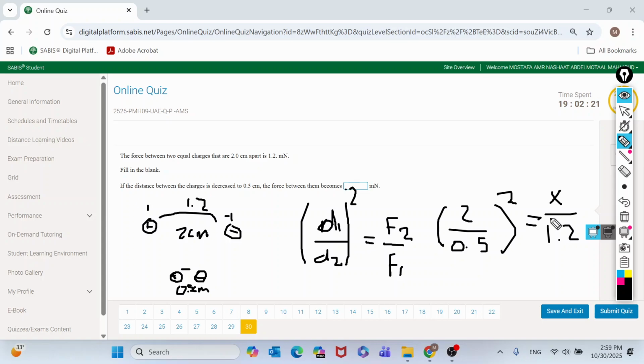You do it on your calculator. Just give me a sec. So 2 over 0.5 squared equals X over 1.2. X equals 19.2. The answer is 19.2.